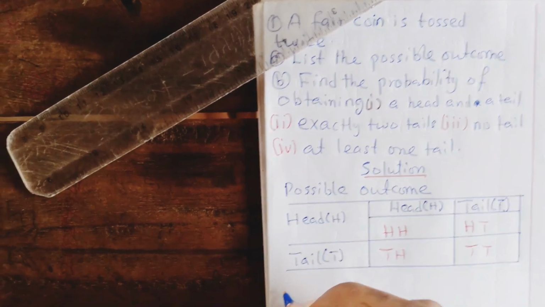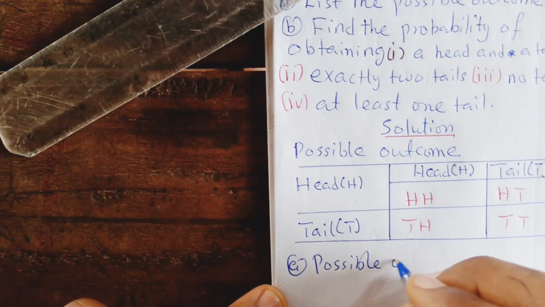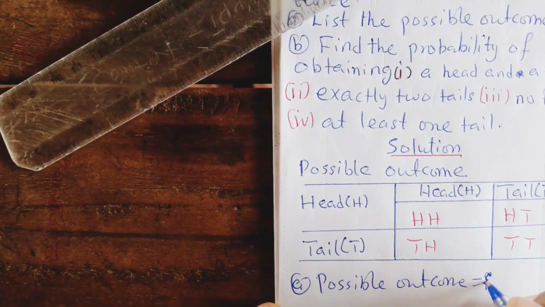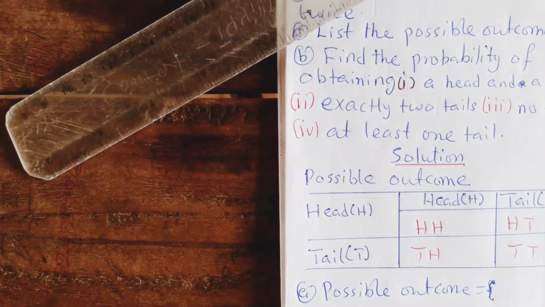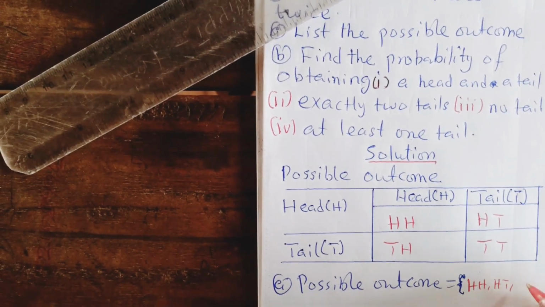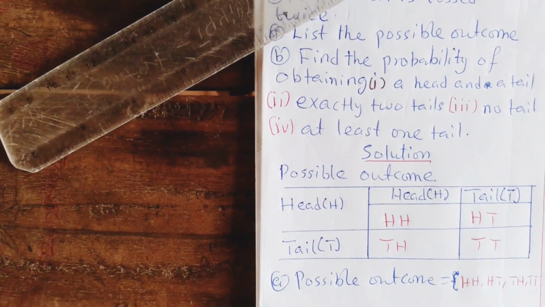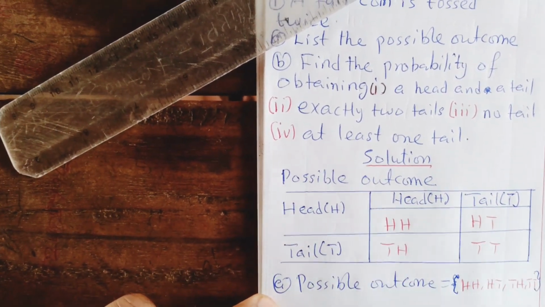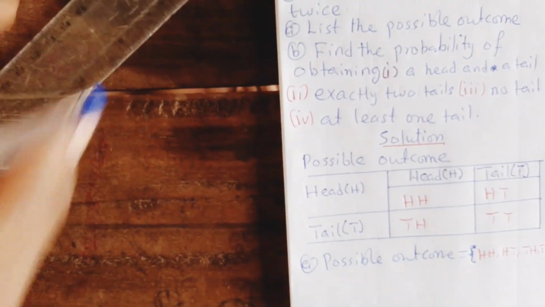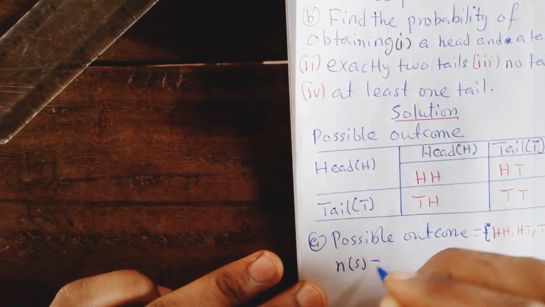So the possible outcome is equal to head, head, head, tail, tail, head, or tail, tail. And then the number of possible outcome is 4.